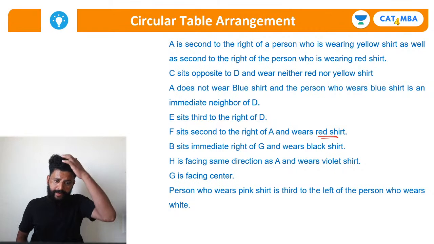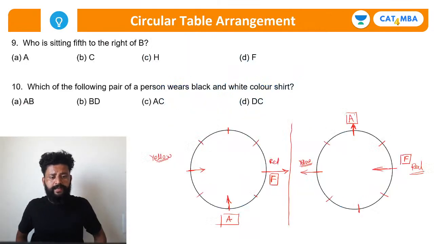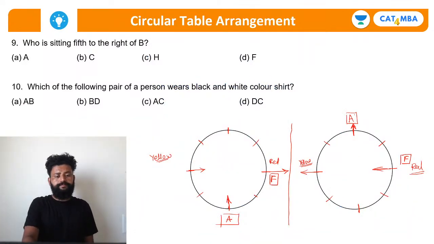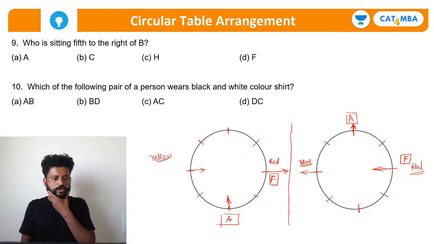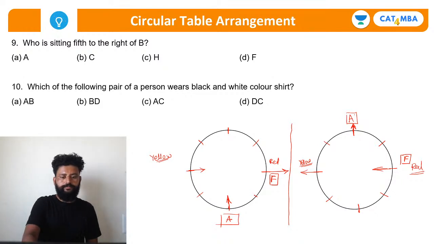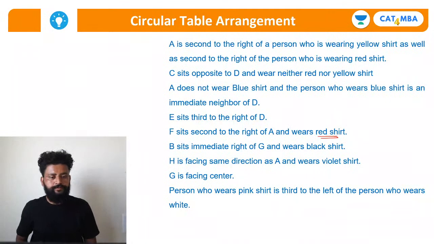So B wears a black shirt. B and G are immediate. So we have a lot of possibilities for B and G now. Okay, let's move ahead. We'll use this later.